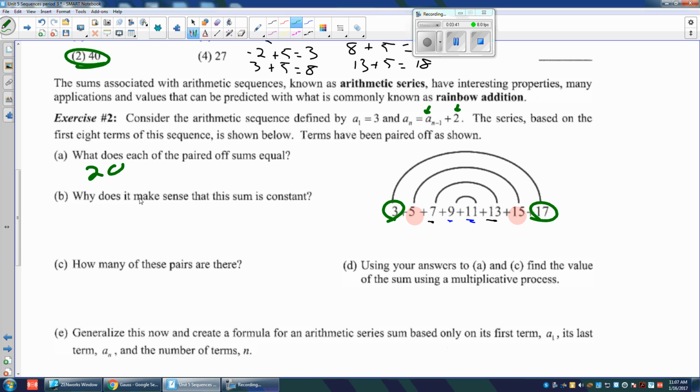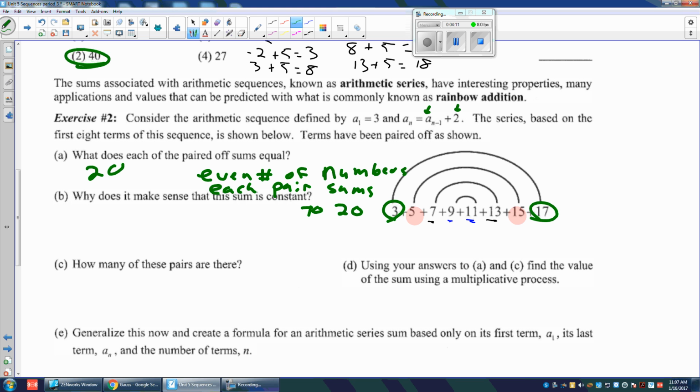We have an even number of numbers, and each pair sums to 20.